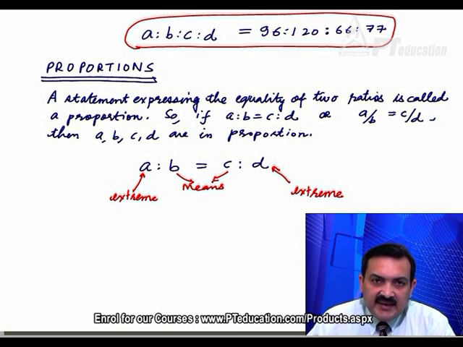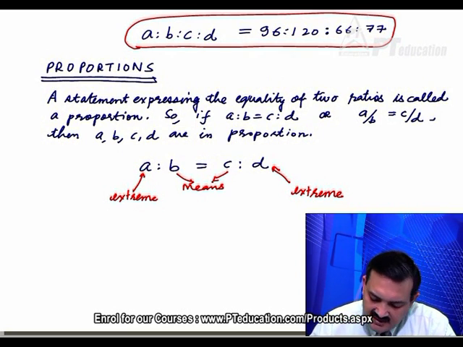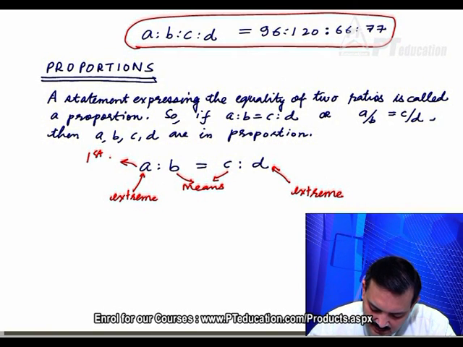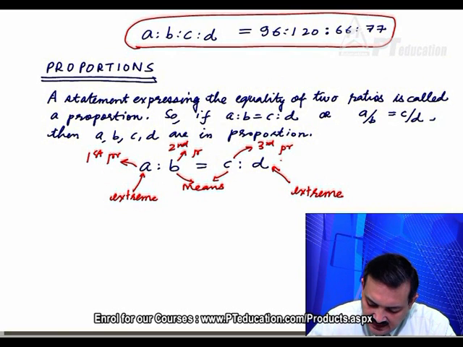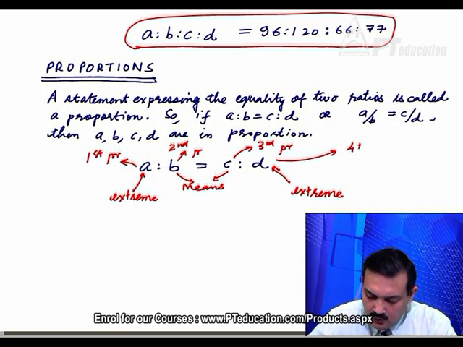So, A and D are called extremes, B and C are called means, and A is also called the first proportional, B is also called the second proportional, C is called the third proportional, and D is called the fourth proportional.